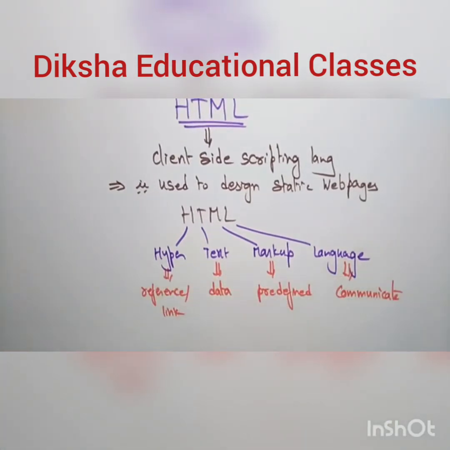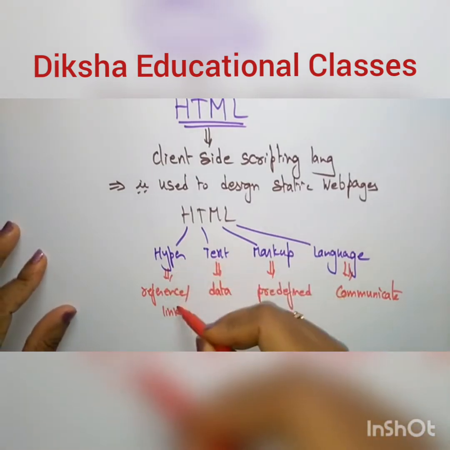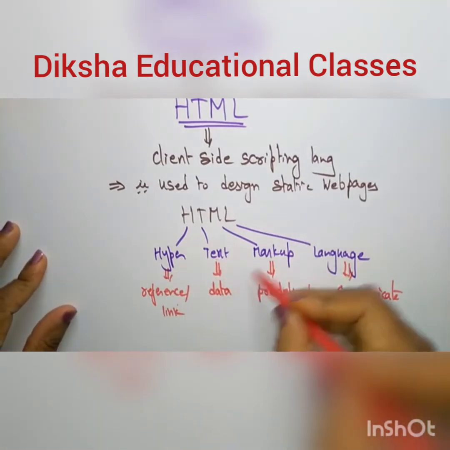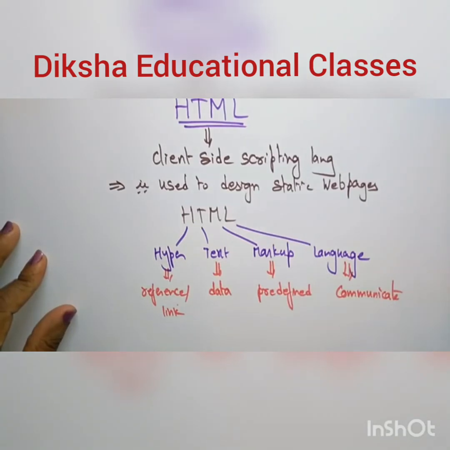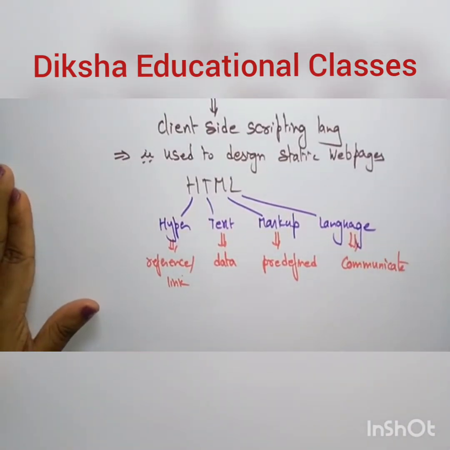Whenever you are asked what is HTML, say it is a hypertext markup language, and explain what each term refers to. Hyper means reference link, text is data, markup is predefined, and language is communication.